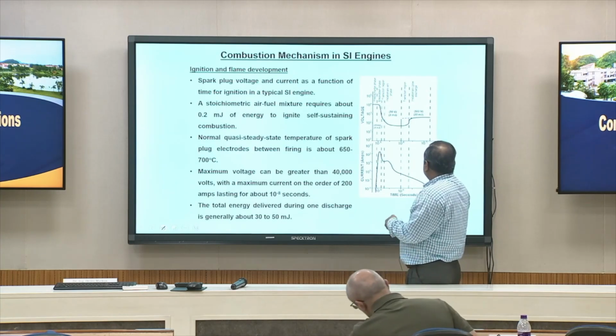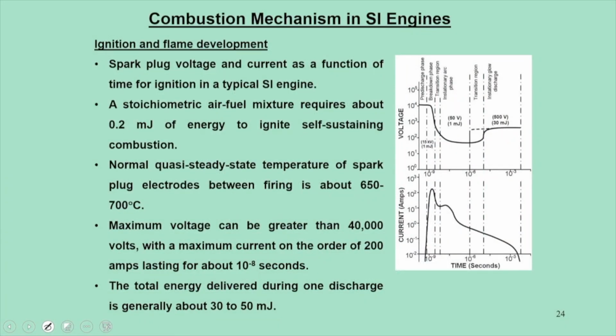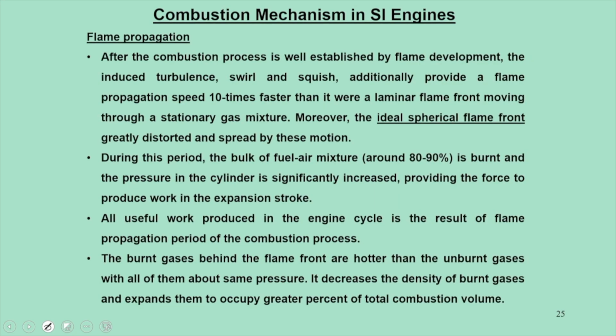This is a typical curve that we get in terms of voltage and current in the spark plug. But what we require through the spark plug is a very small quantity of energy, in the range of 0.2 megajoules.